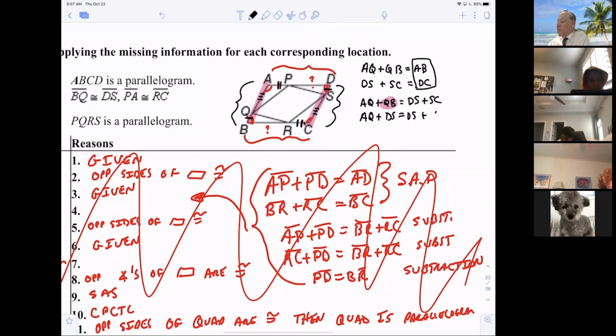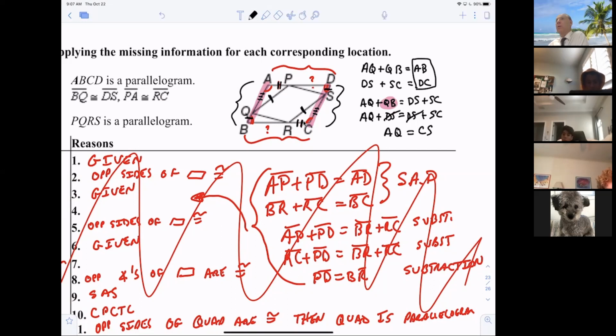And now we just do the subtraction. So now we found out that AQ was equal to CS. And now those two triangles are congruent by side angle side, which means SR is congruent to QP.